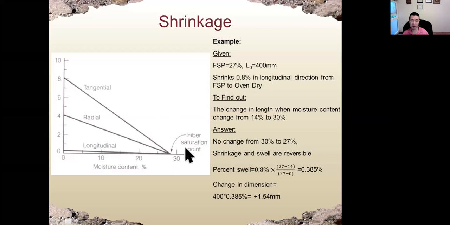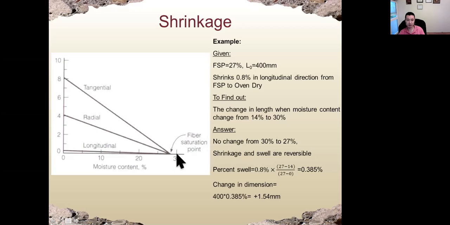The wood will shrink 0.8% in the longitudinal direction from FSP, which is 27%, to oven dry, which is 0% moisture. The question asks how much the wood will change in length when the moisture content changes from 14% to 30%.